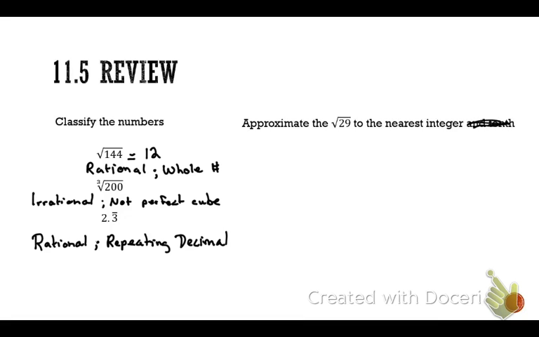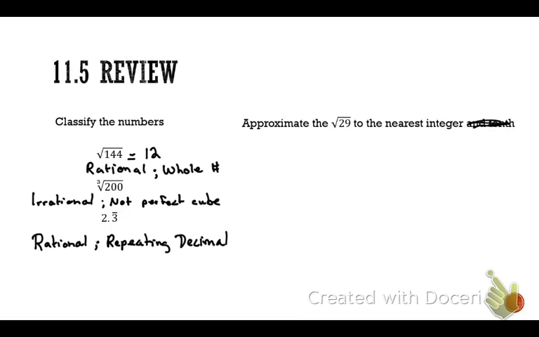Now I want to approximate the square root of 29 to the nearest integer. You can even do this with mental math.